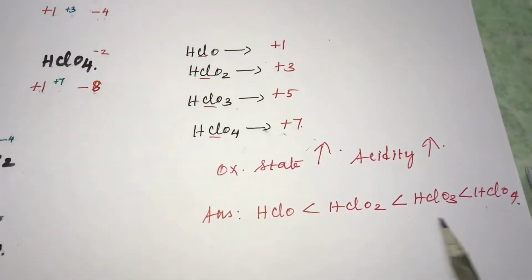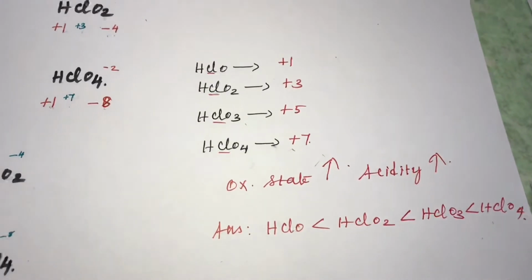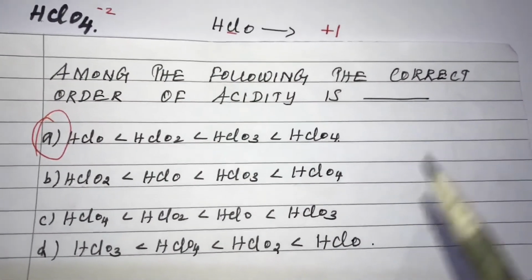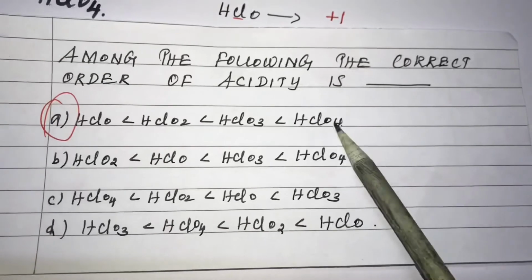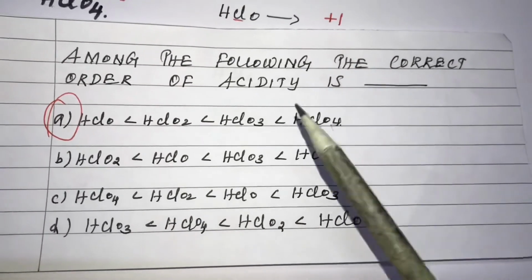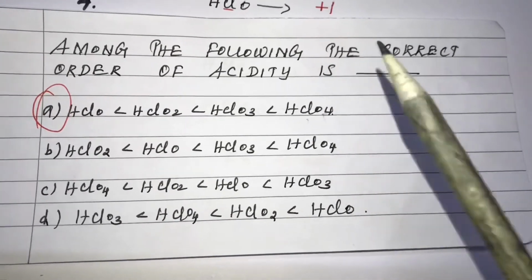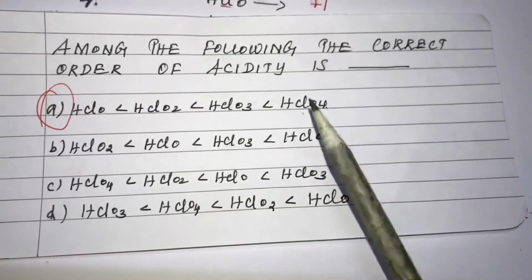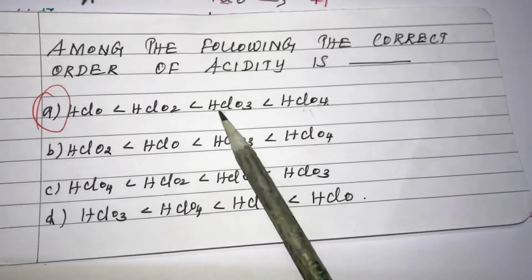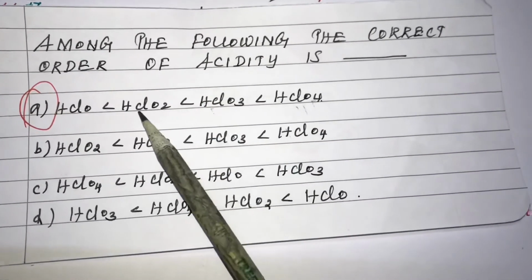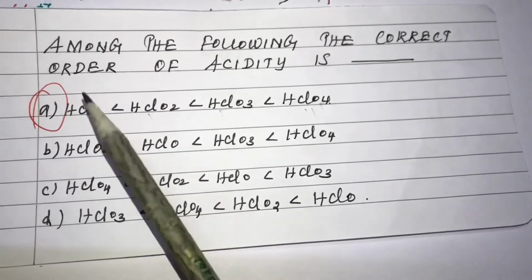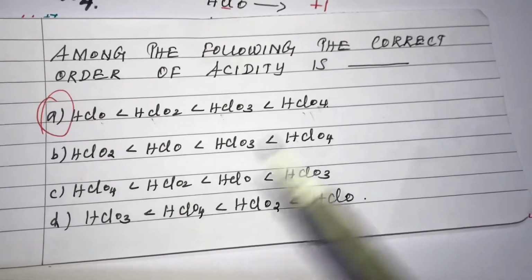So this is the correct order of acidity. Among the following, the correct order of acidity: as the oxidation state increases, acidity increases. Thereby HClO4 is more acidic than HClO3, then HClO2, then HClO. A is the correct answer.